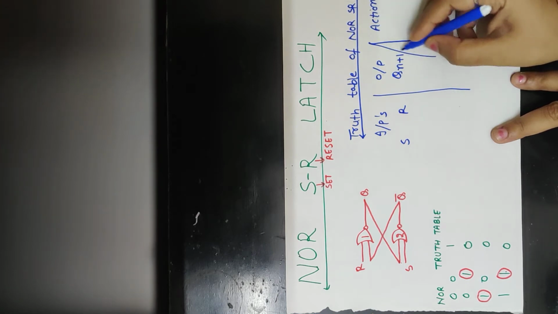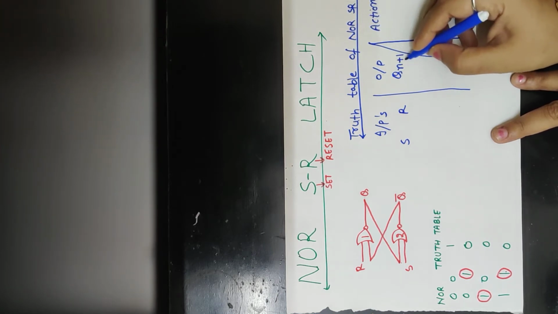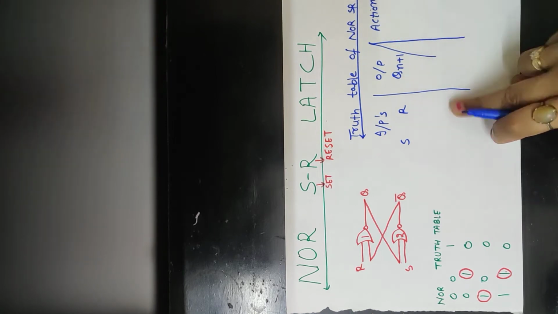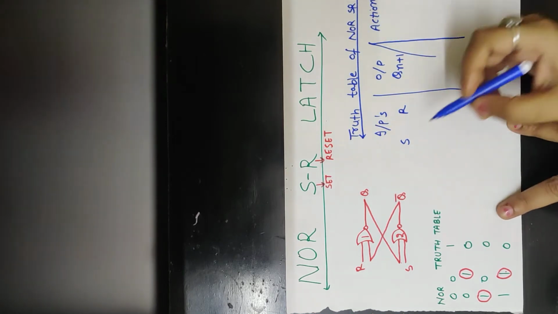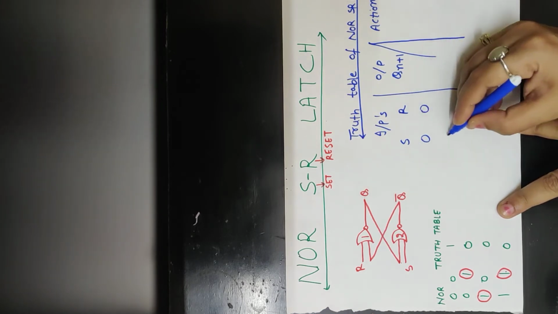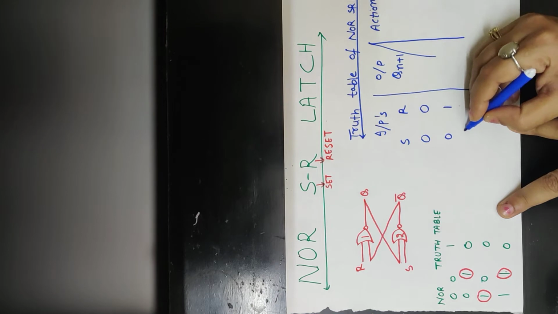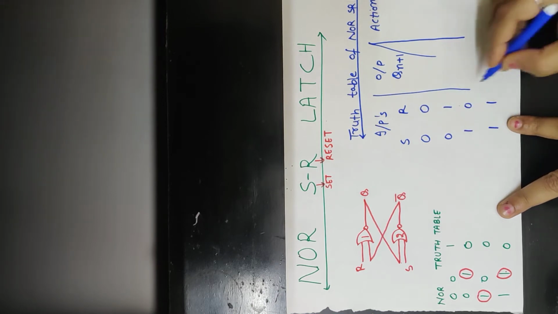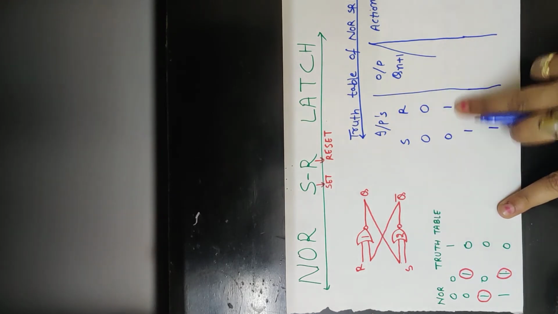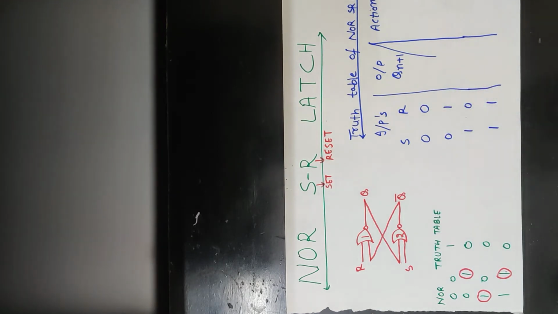Why I have added this suffix, I will explain a little later, and this will show the action that the flip-flop will perform. So as we have two inputs, the four possible conditions will be there: 0 0, 0 1, 1 0, 1 1. And we have to understand the working of this latch under these four possible cases.